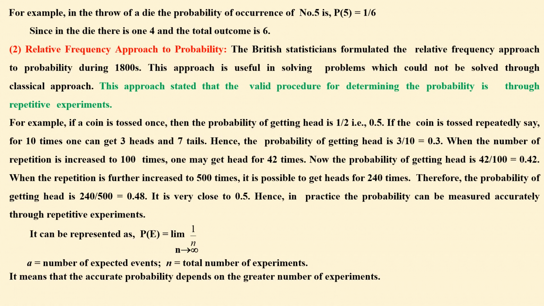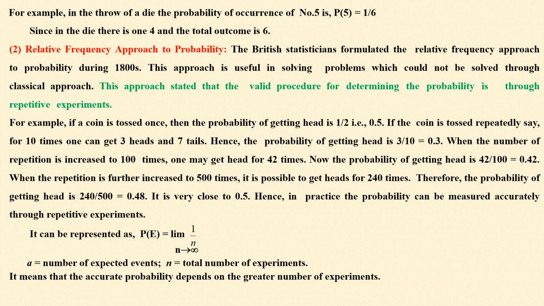Then the second one is the relative frequency approach to probability. This approach was developed, or formulated, by a British statistician in the year 1800. This approach is useful in solving problems which could not be solved through the classical approach.